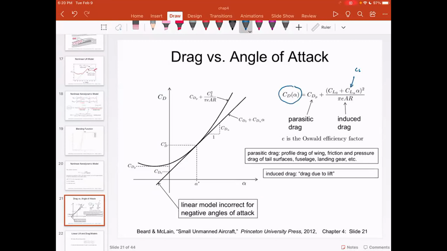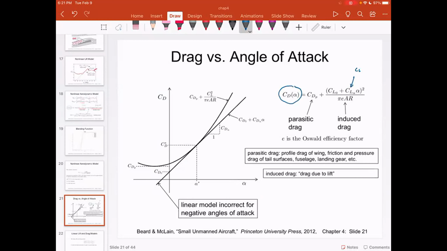So CD alpha is dependent on parasitic drag, which is dependent on drag on the wing, friction, tail surface drag, fuselage, landing gear, and so on. And the second part of the drag is because of the coefficient of lift. Now, this equation has something called AR, which is nothing but aspect ratio, and E. E is called the Oswald efficiency factor.